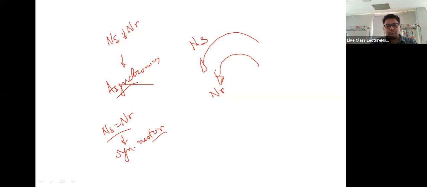Now in a synchronous motor, who is following whom? Is the stator, which is producing a rotating magnetic field, following the rotor, or is the rotor following the stator? In a synchronous three-phase motor, the rotor is trying to follow the stator. But in BLDC, the reverse happens.